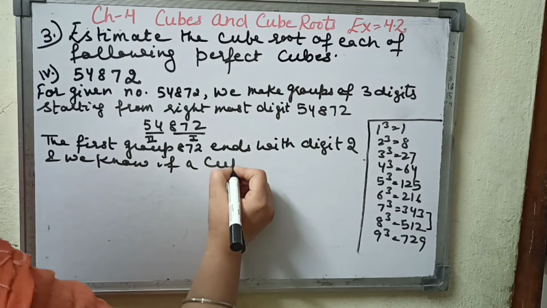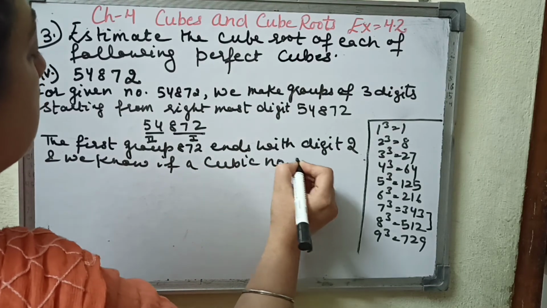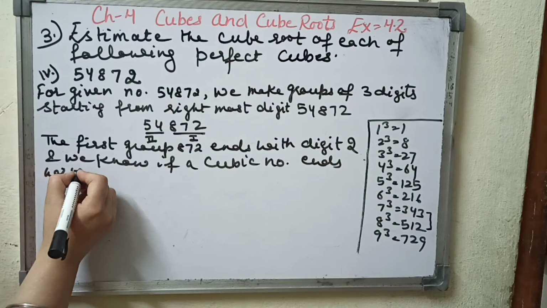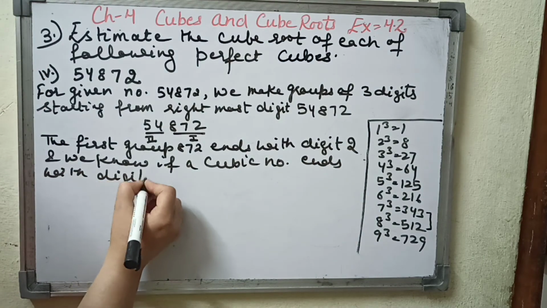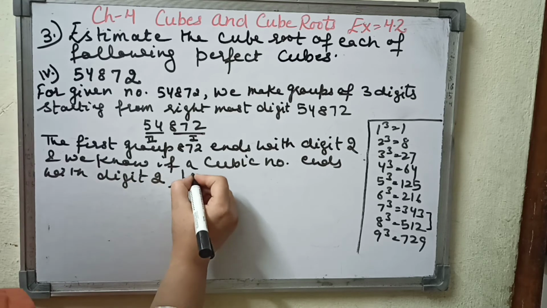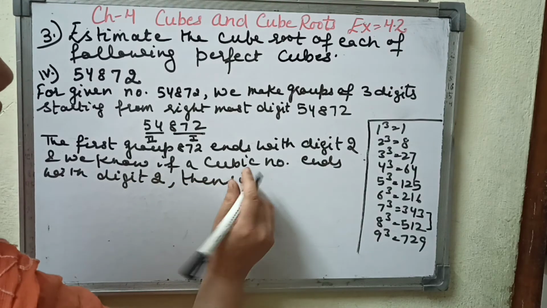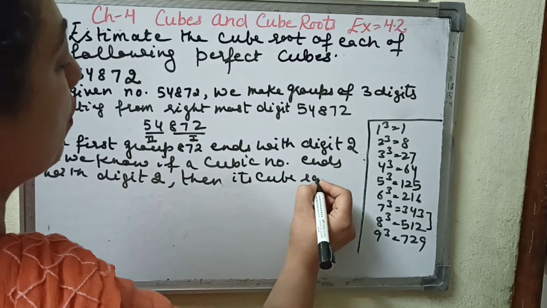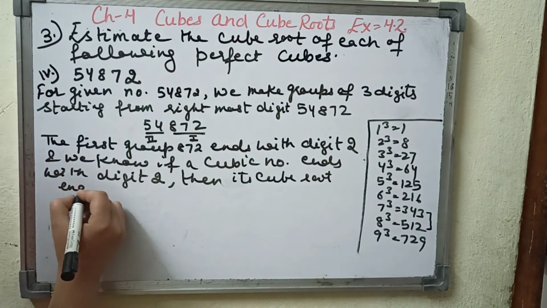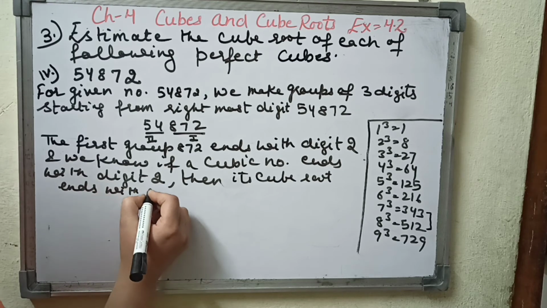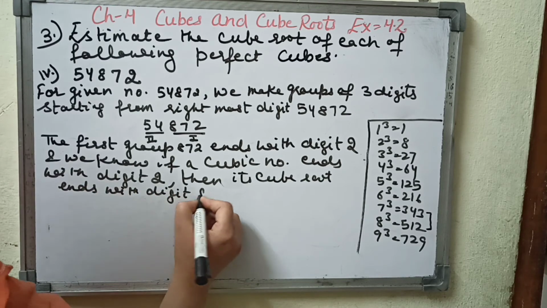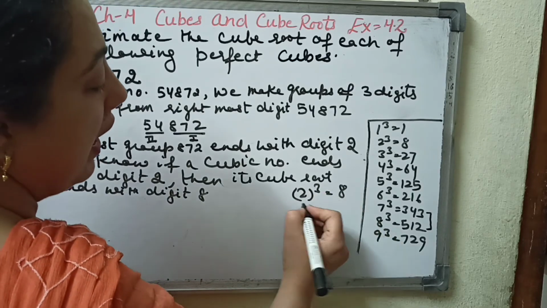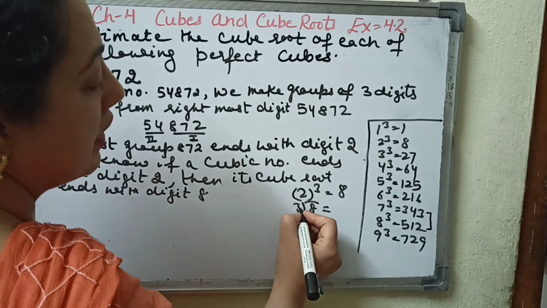if a cubic number ends with digit 2, then its cube root ends with digit 8, because cube of 8 is 512, which ends with 2.